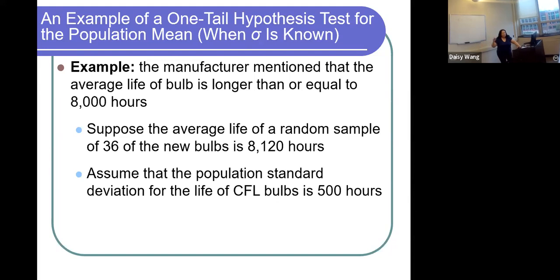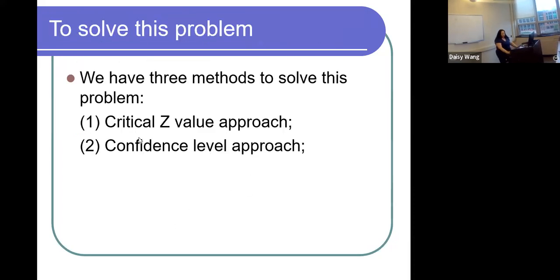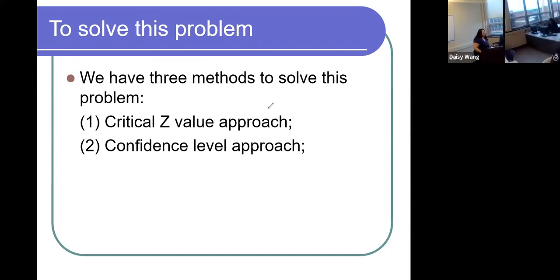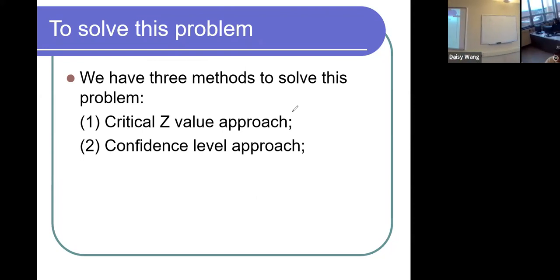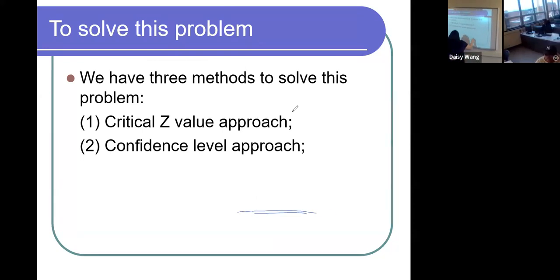Okay, we need to make sure, given that deviation. So how do we do that? We can do two things. One is calculate the critical Z value. Basically the critical Z value is to convert that.